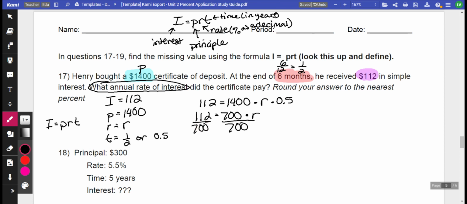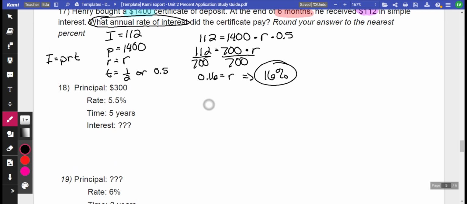Again, using my calculator, $112 divided by 700 is 0.16 for the rate, which then becomes 16%. So Henry has a 16% rate of interest.